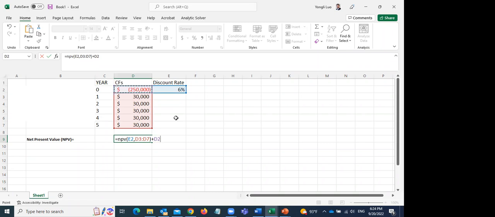Everyone, I want you to open that Excel spreadsheet and type this formula.